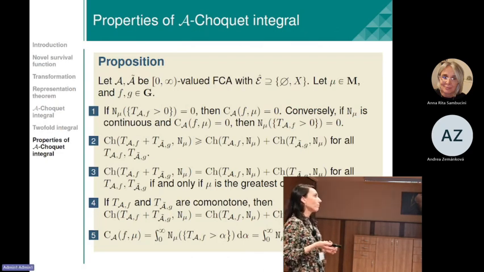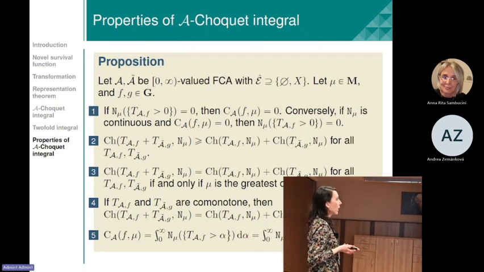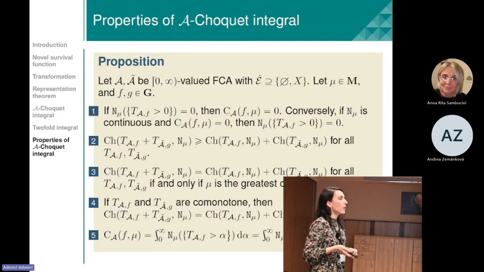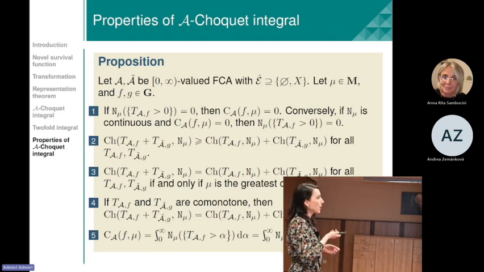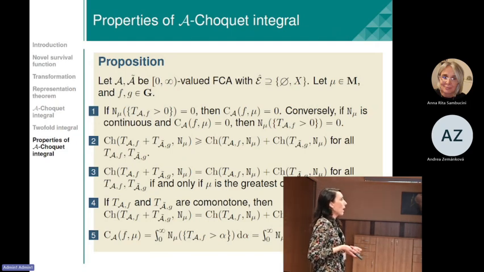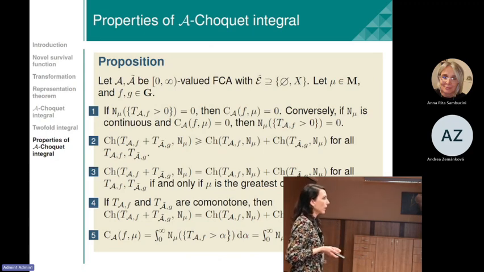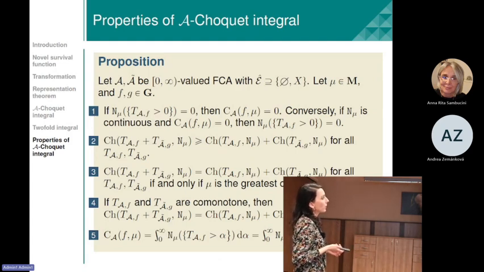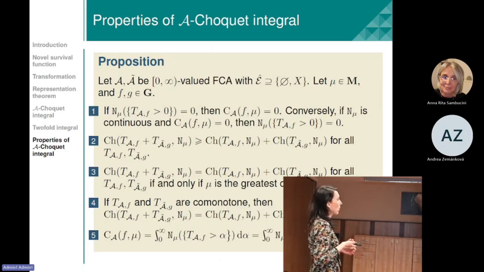And presenting the Choquet integral as a standard Choquet integral on the hyperspace has some advantages as a means of studying its properties. These properties are easily derived from the standard Choquet integral. For example, the first one follows from the continuity from above of the monotone set function mu.